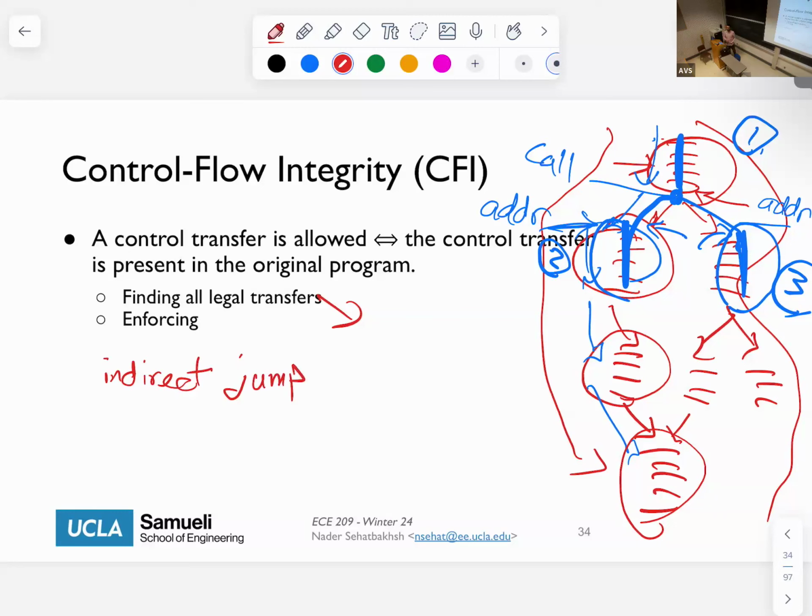Think about a case statement, or functions that, based on the value, can jump to any of these functions. Since there are a number of different possibilities, enforcing and finding all these legal transitions is not something simple.